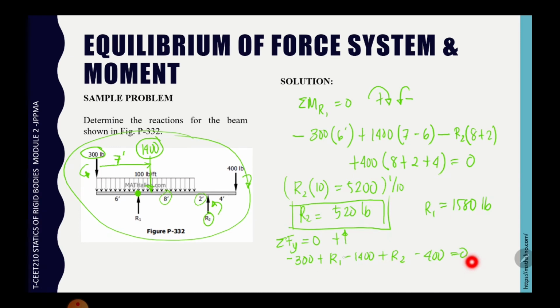Since si R1 equals siya sa 1,580 and si R2 equal siya sa 520. So, isolve natin. Negative 300 plus 1,580 minus 1,400 plus 520 minus 400 is equal to 0. Ibig sabihin, tama yung naging sagot natin for this sample problem.